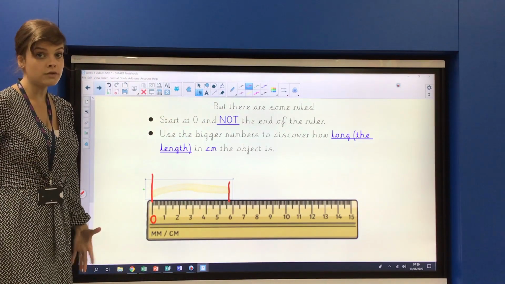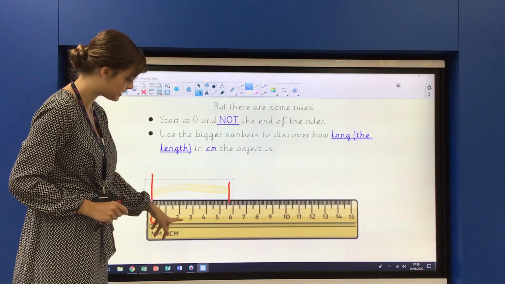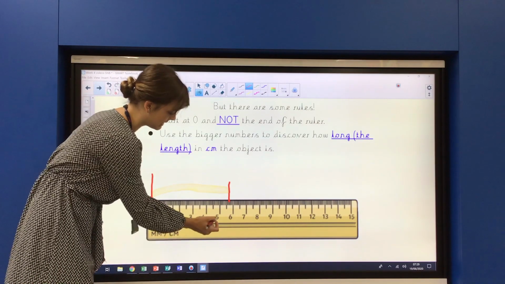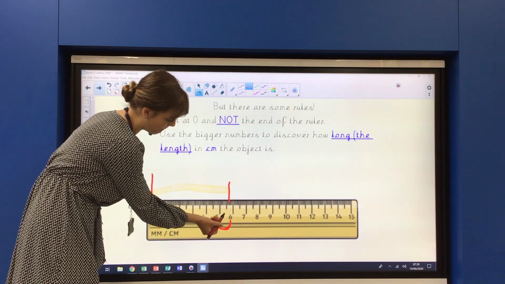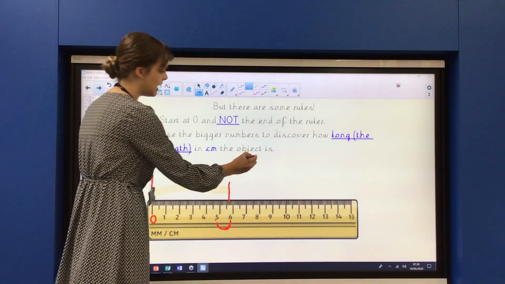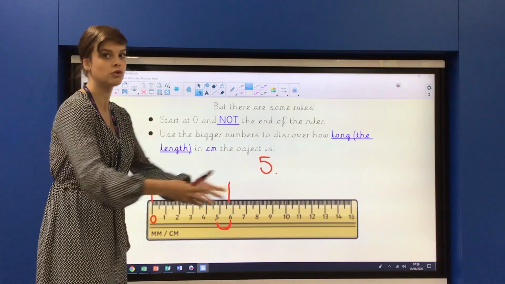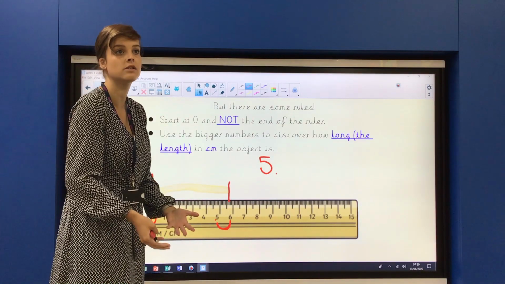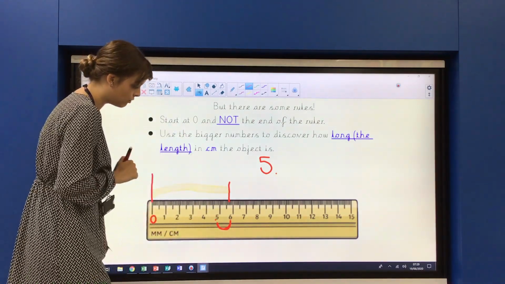So I'm going to remember my ruler rules, and I always put my centimetres first. I'm going to look at these big numbers that represent the centimetres. Now, it doesn't quite go past 6, so it's in between these numbers here, but it's certainly gone past 5 centimetres. So I know that this chip is 5 centimetres something, and that something will be millimetres. So I need to count those.